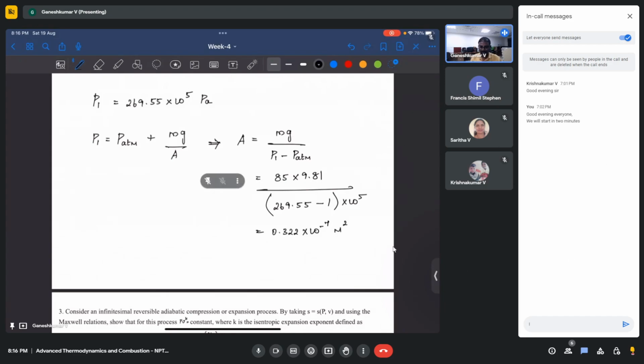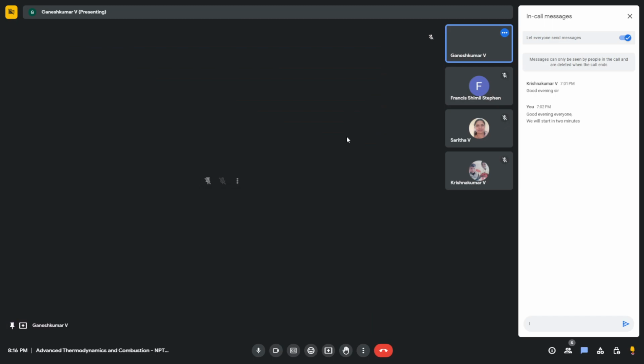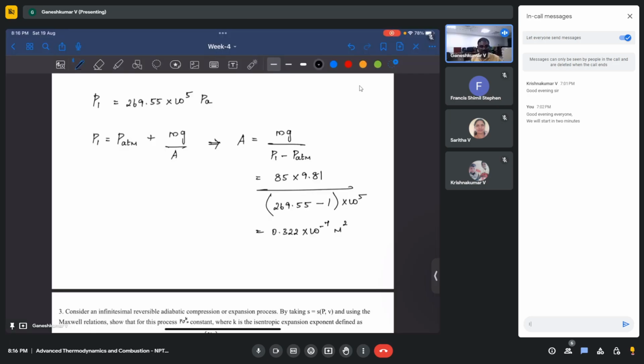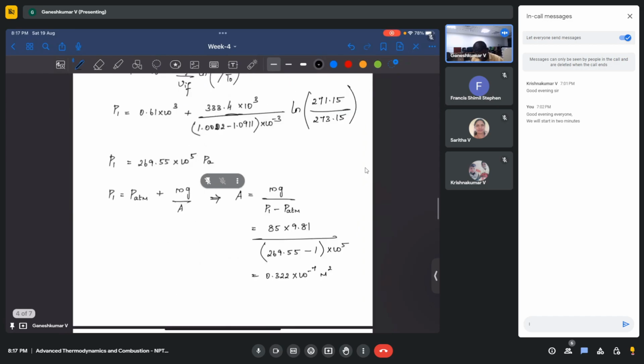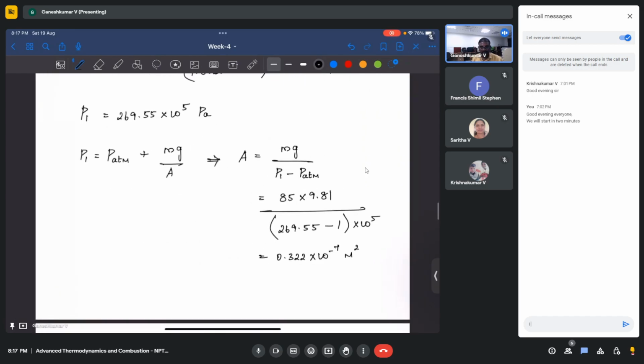Is that clear, everyone? So can you summarize it? This area is fine, right? What I'm trying to say is this is the minimum area. You can have a bigger area than this, and it is safe to have a bigger area if you are exerting only 85 kgs of force.